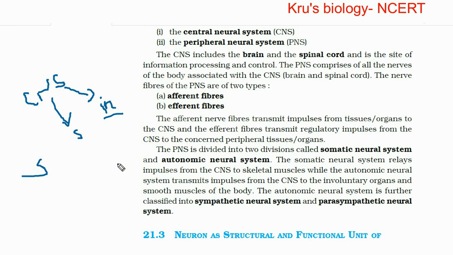The word itself says autonomic, while somatic means the CNS to skeletal muscles, right? These are the two types of PNS. Now the autonomic neural system is further classified into the sympathetic and parasympathetic neural system.